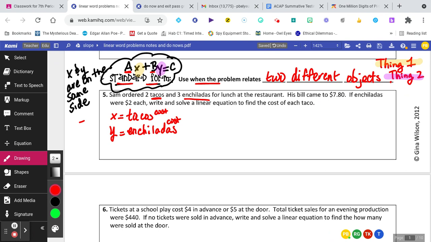All right, so now some people are saying, well, how do I know what the coefficients are? The coefficient of x and the coefficient of y basically are some value associated with each one.